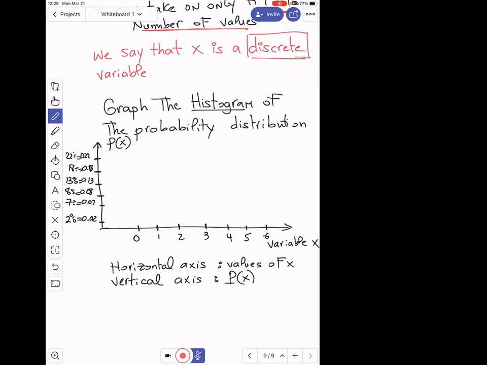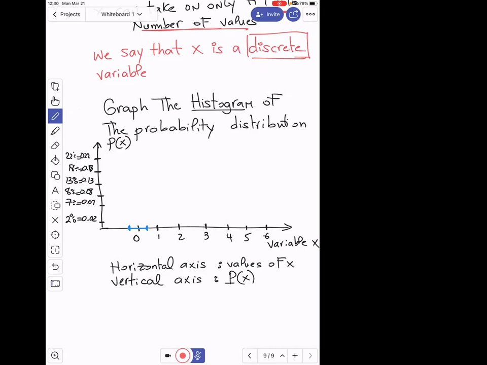So for example, when x is 0, the probability of x is 7%, right? We take an interval where 0 is the middle of the interval, like this blue interval. Then we draw a box, or rectangle, with the height equal to the probability of 0, which is 7%.